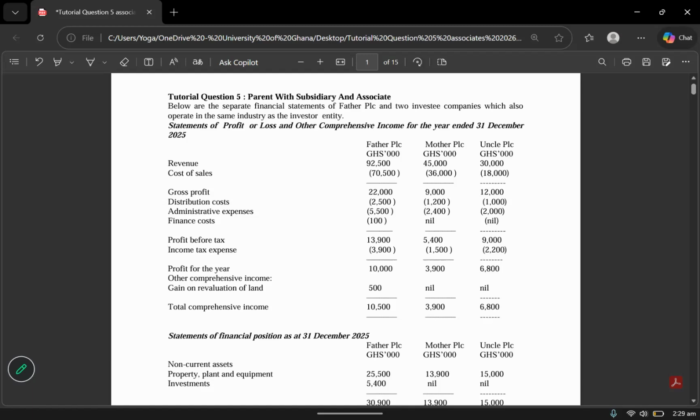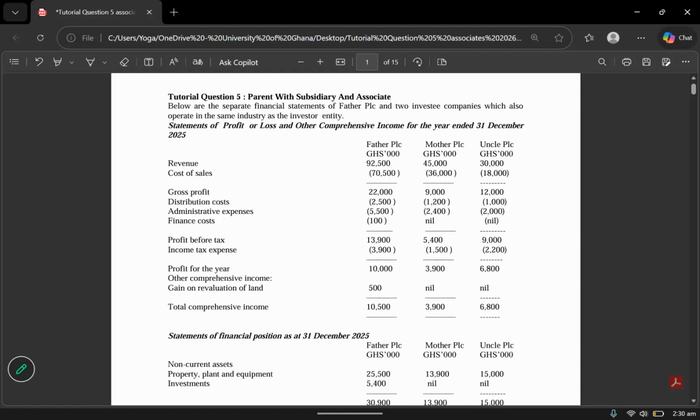Another case is where the subsidiary is making losses, so if you consolidate, the consolidated profit might decrease. That is not a reason not to consolidate; you are still required to consolidate.